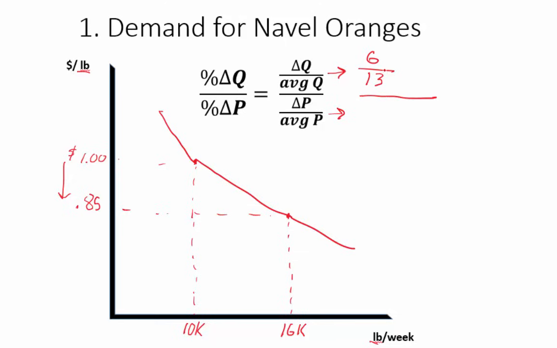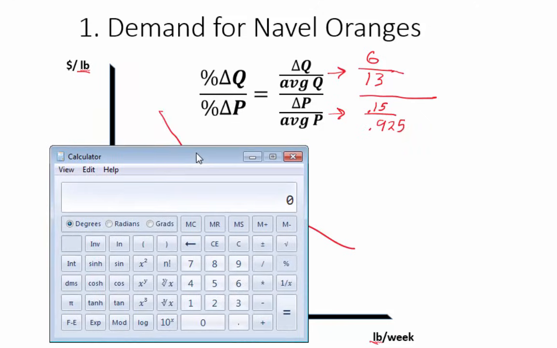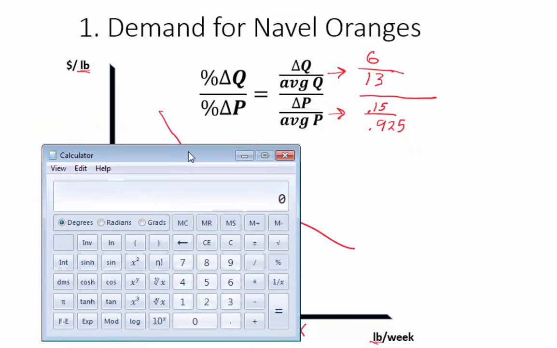And I don't need to write the zeros in there. I could if I needed to, but either way, the division problem will be the same. My delta P is 15 cents. And my average P is going to be the midpoint between those, or the average, 0.925. Simply perform the calculations. So the numerator is 6 divided by 13, 0.46.